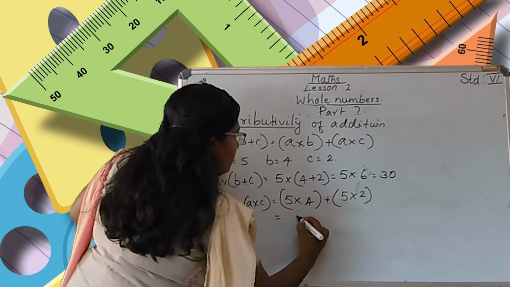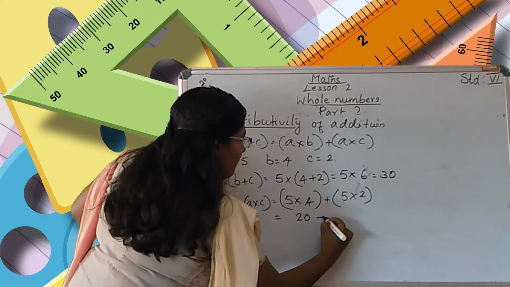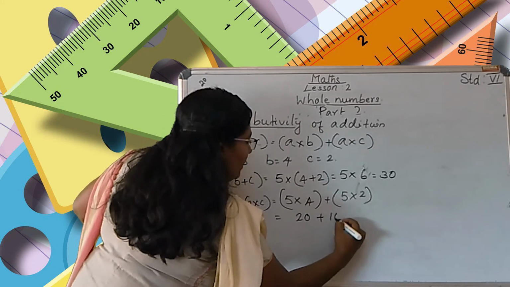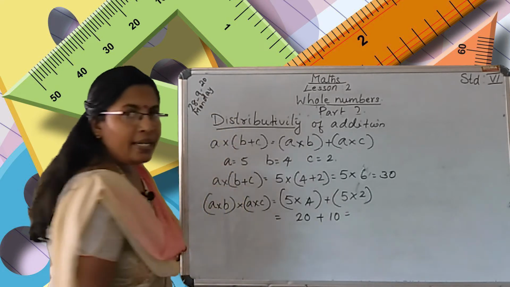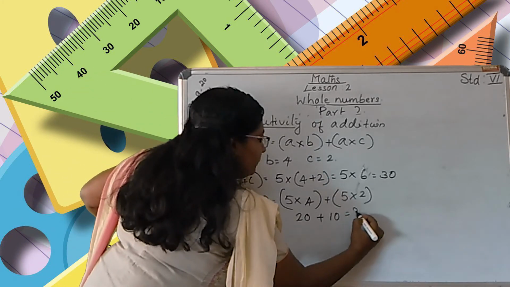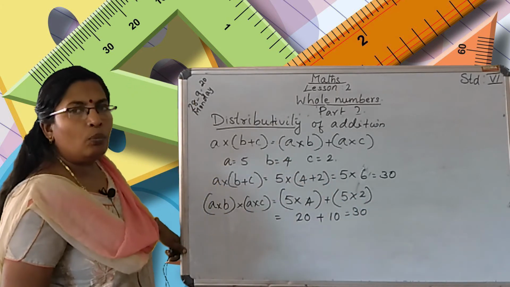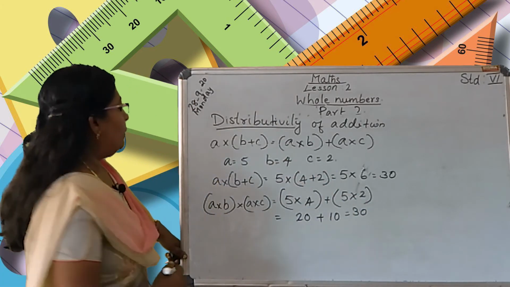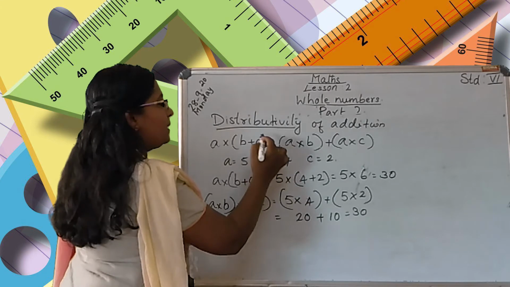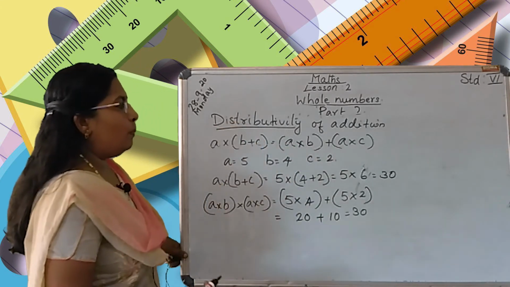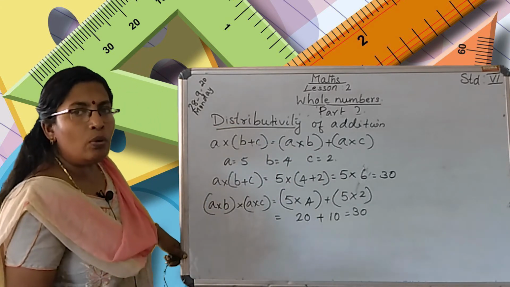Five fours are 20 plus 5 twos are 10. 20 plus 10, 30. See the right hand side and left hand side, both are equal. Therefore, A into B plus C equal to A into B plus A into C.